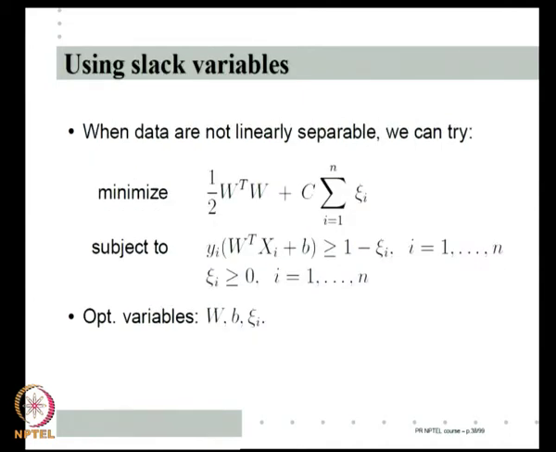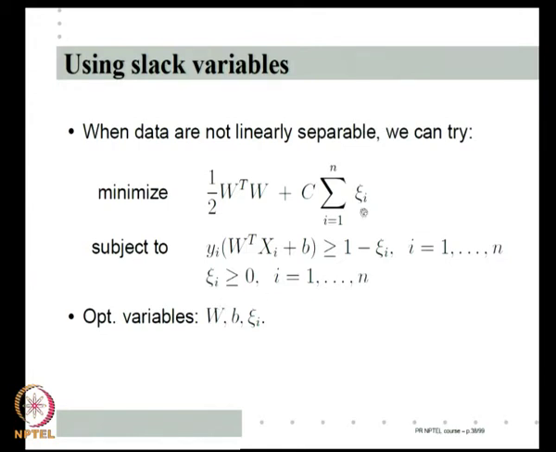So for the general case, normally what we want is y_i times (w transpose x_i plus b) greater than or equal to 1. If that is satisfied, forget about the xi right now, we actually wanted y_i (w transpose x_i plus b) greater than or equal to 1 for separation. But suppose there is no w, b that can satisfy this. Then I say, okay, if you can't get it greater than 1, get it at least greater than 1 minus xi_i, where xi_i is some positive number.